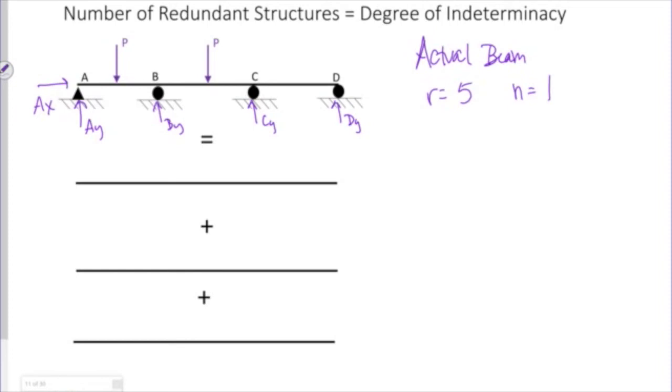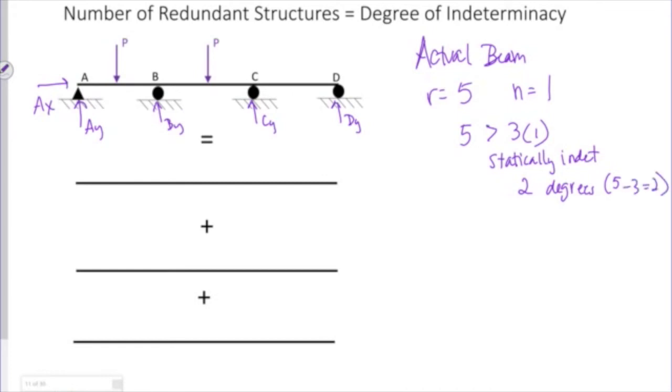It's supposed to be attached at B. So 5 is greater than 3 times 1. Statically indeterminate. 2 degrees, right? 5 minus 3 is 2.